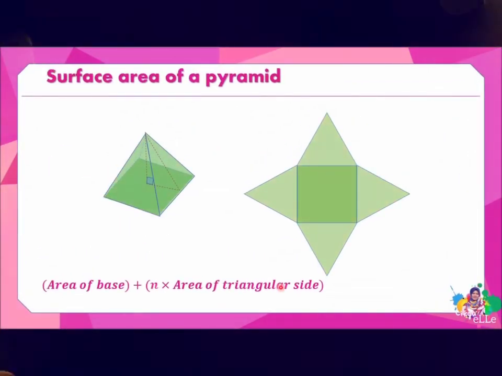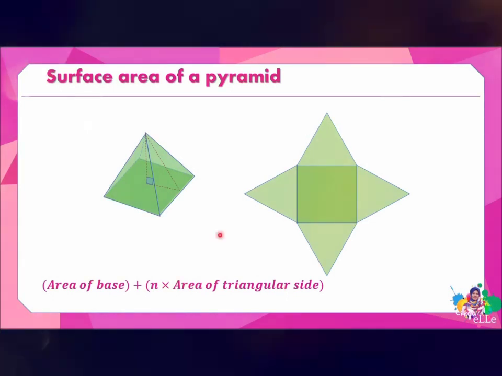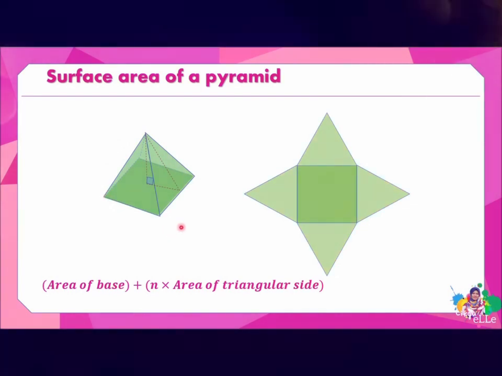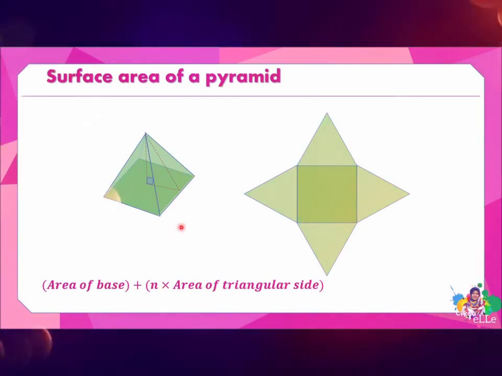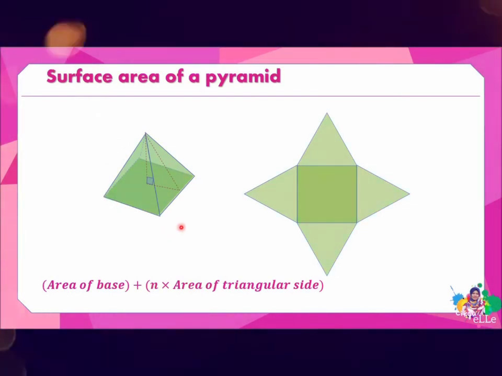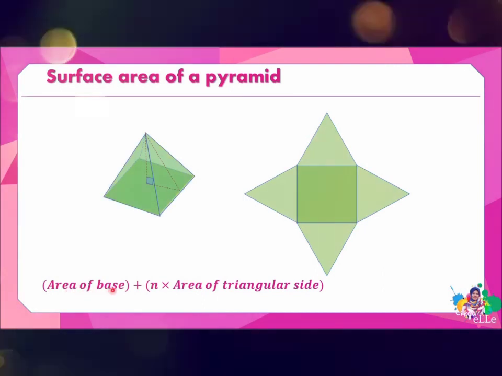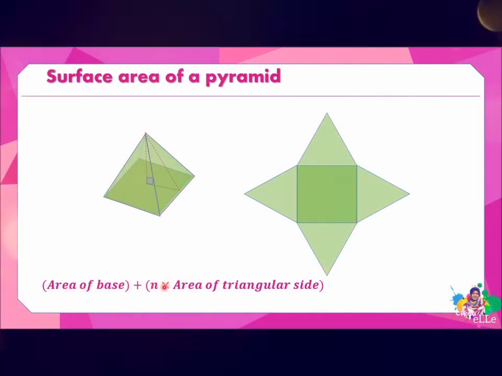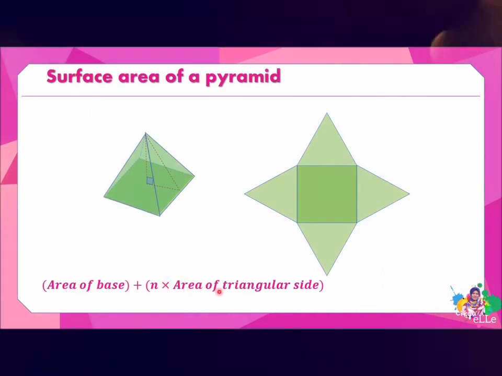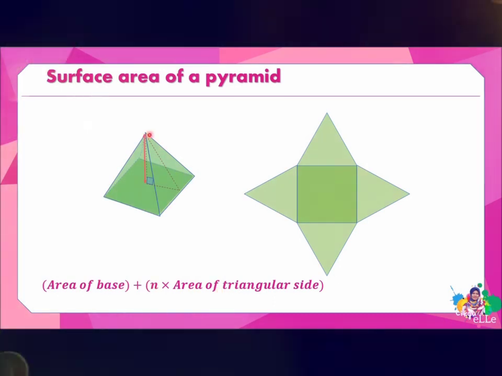Now look at the surface area of a pyramid. In this example, I give you a square base pyramid. So the formula to find the surface area of a pyramid is the area of the base plus the area of the triangular sides.